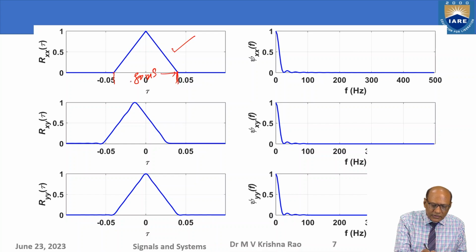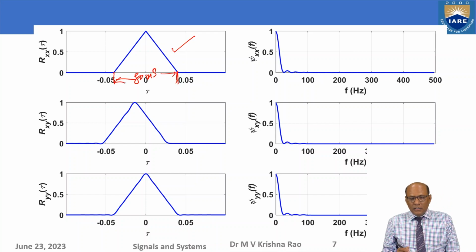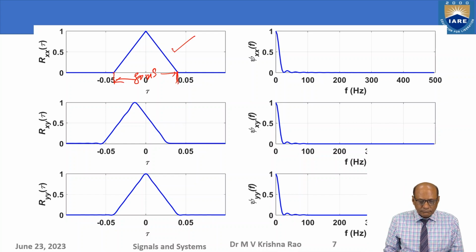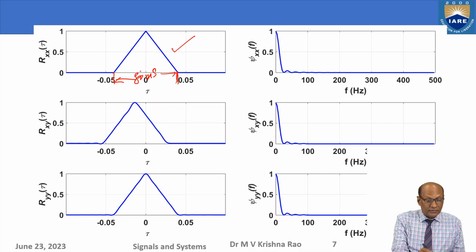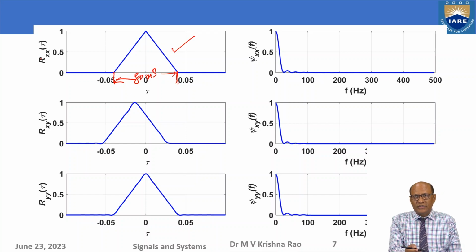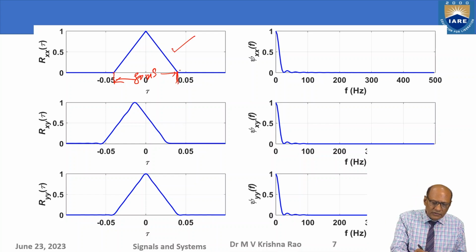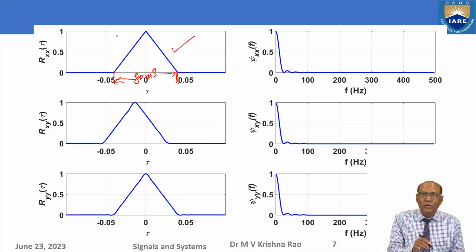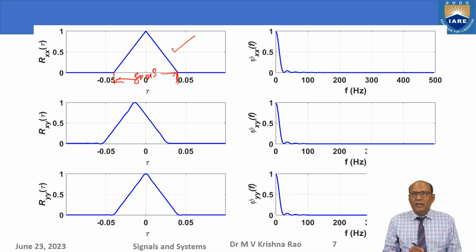So I am taking the Fourier transform for this. The width has doubled. Tau is also a time parameter, and whenever I take a Fourier transform, the input can be considered as a signal. So the triangle is a signal now, and for this I am taking the Fourier transform.